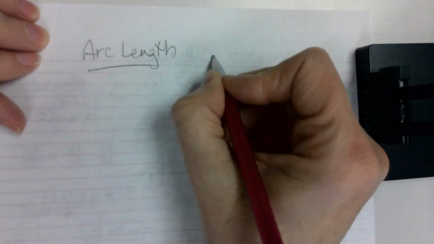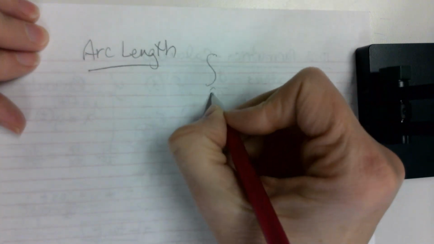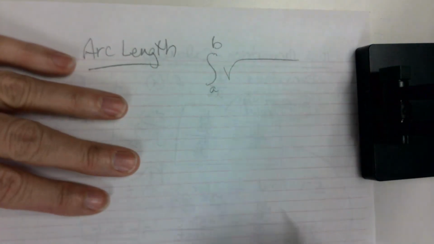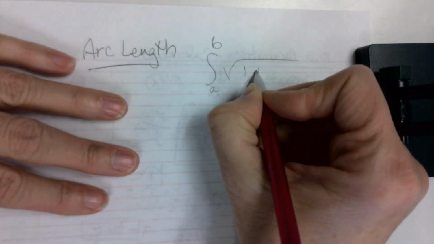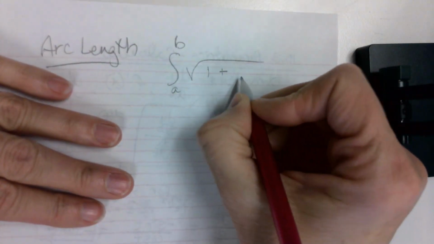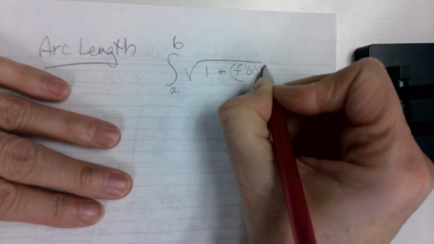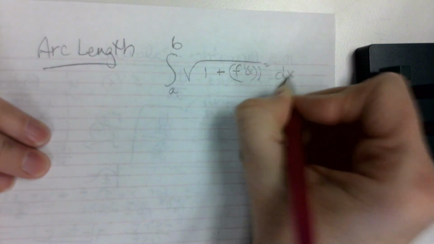Square root. Yep, integral a to b, square root, 1 plus f prime of x quantity squared. There it is.